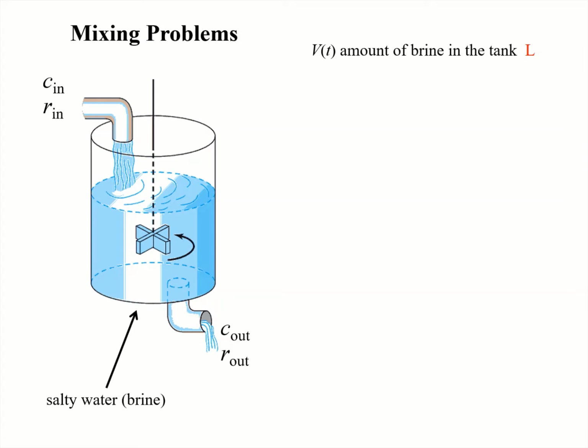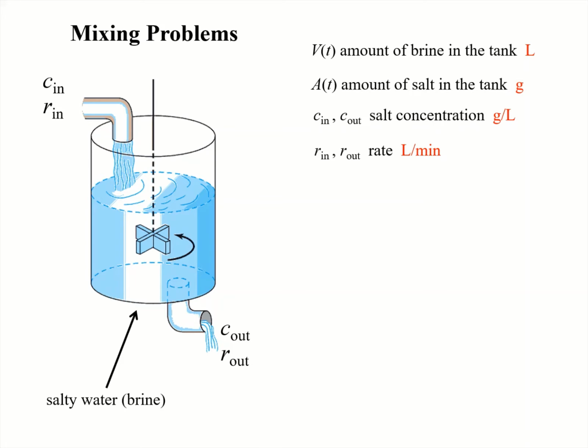V of t is going to be the amount of brine in the tank, measured in liters. V reminds you of volume. A of t is the amount of salt in the tank, measured in grams. Concentration in and concentration out, that's your salt concentration, measured in grams per liter.